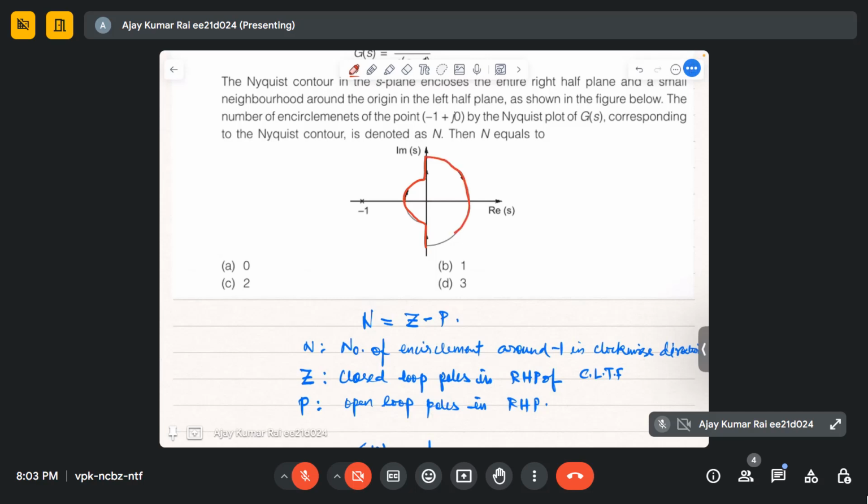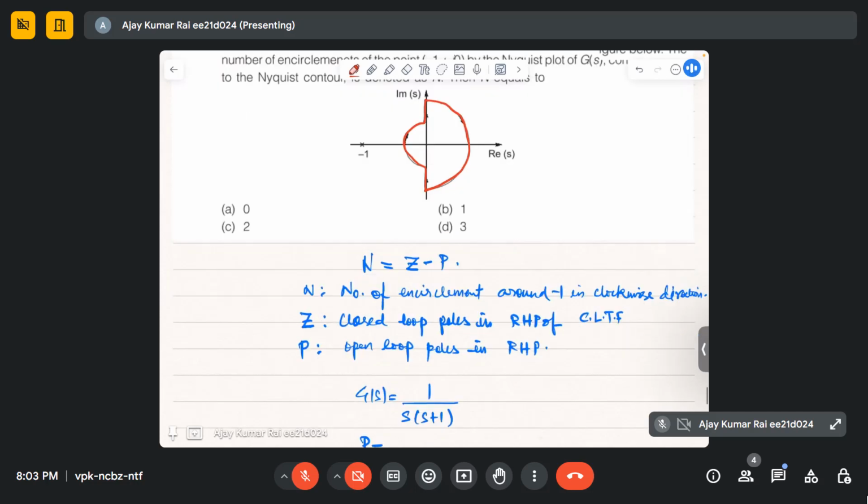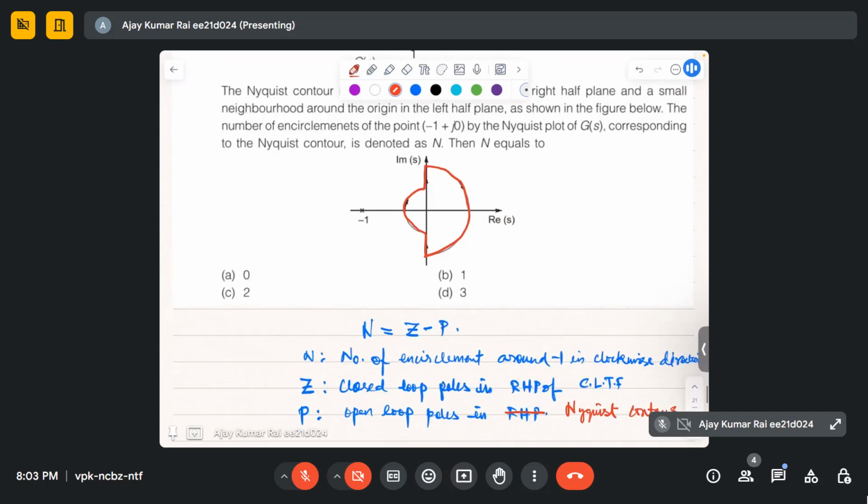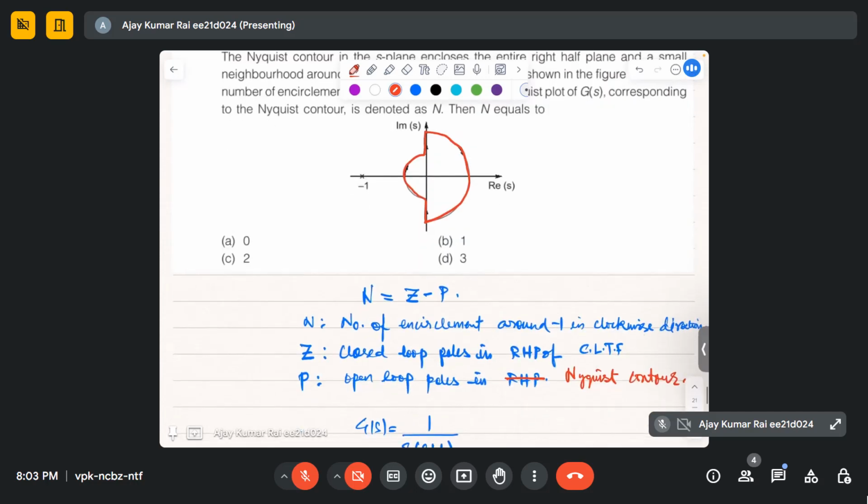This is the contour, and I'll just replace this. That was the basic definition, right? We used to take the right half plane, but in this case we are taking a Nyquist contour that is also going to the left.